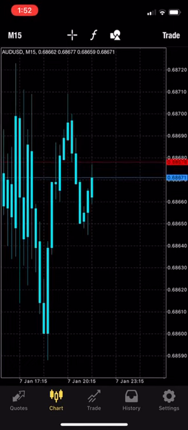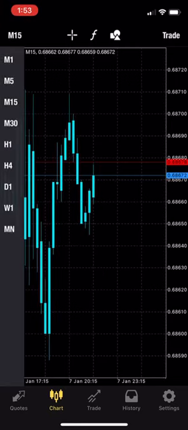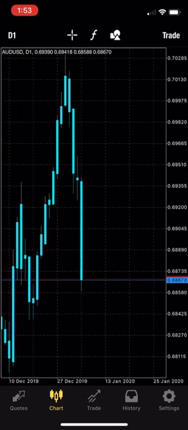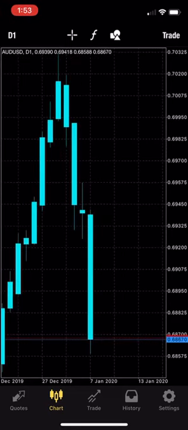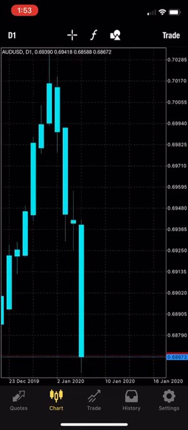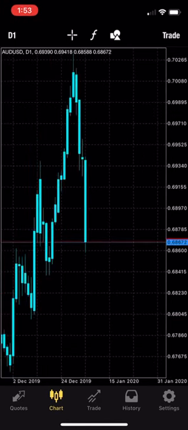So this is a 15-minute chart, so each candle on this chart represents 15 minutes. Same with the day: each candle represents 1 day on the day chart. Okay. Now if we want to trade this pair, say we're looking at the chart and we see it's in a downtrend right now.